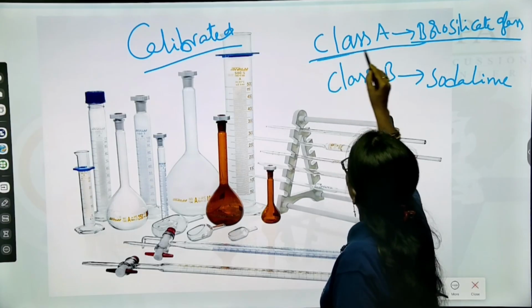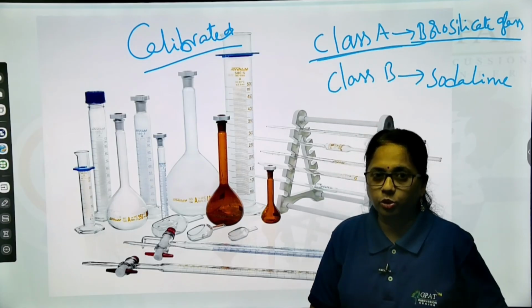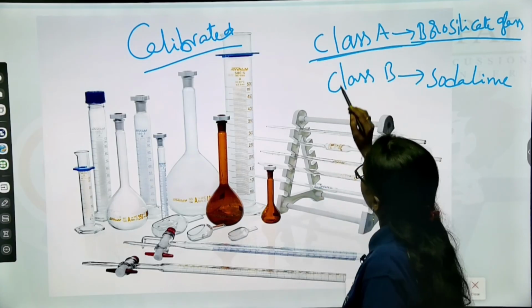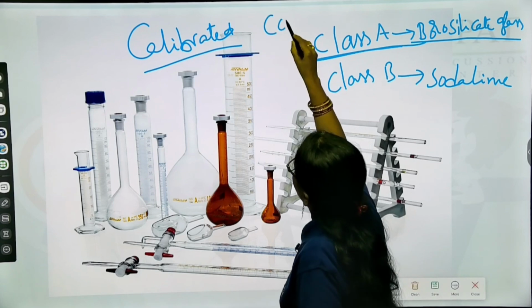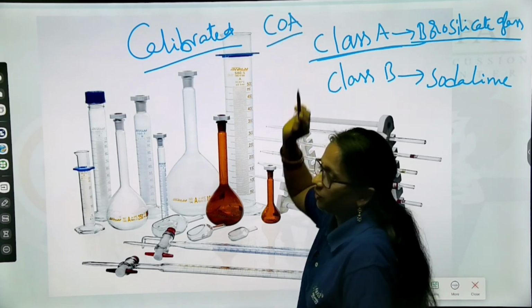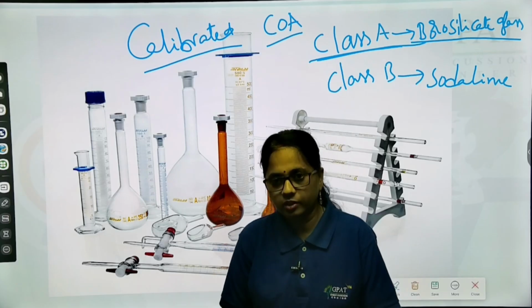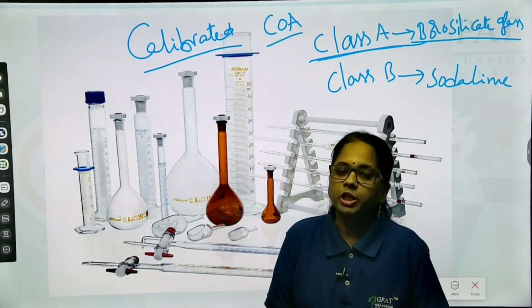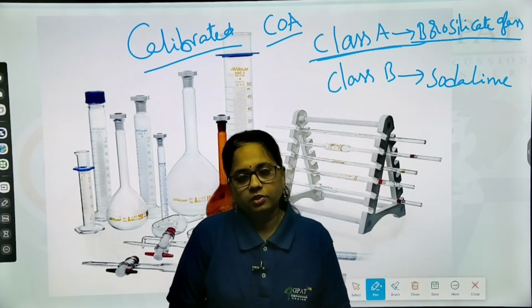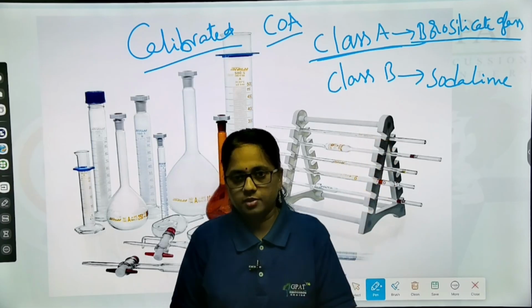Okay, so the class A glassware we are going to use are majorly provided with a calibration certificate of analysis. The manufacturer, whoever is providing you the glassware, will already give you the COA, certificate of analysis.